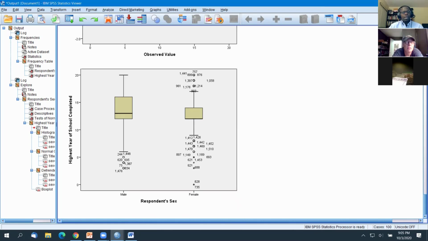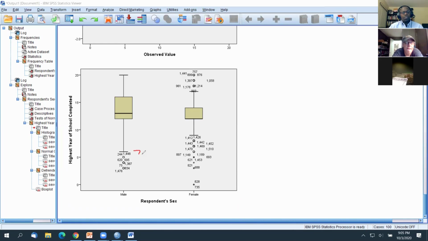So this is the 25th percentile, and this is the 75th percentile, okay?